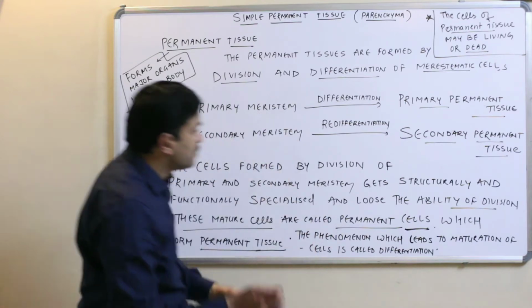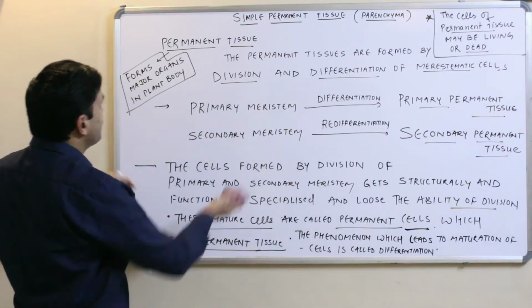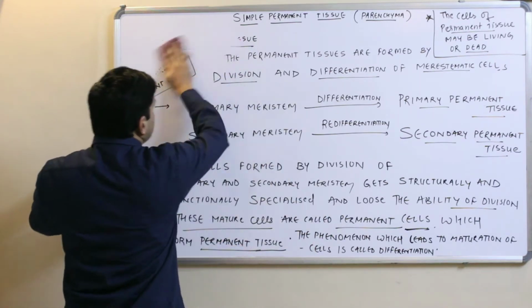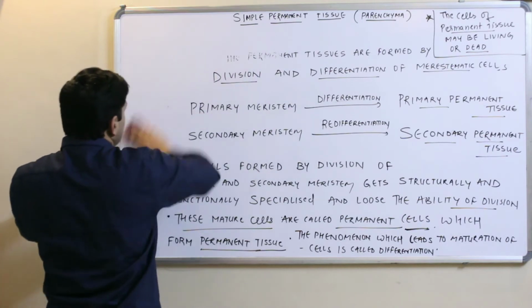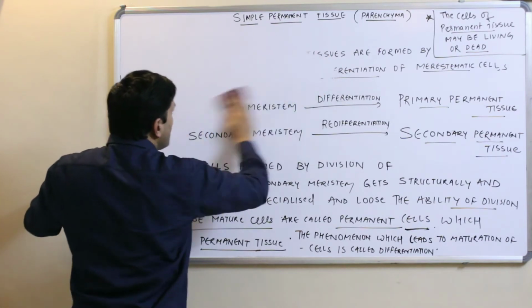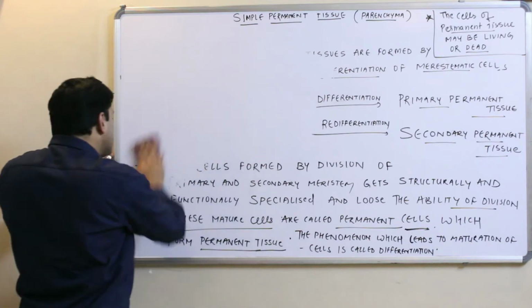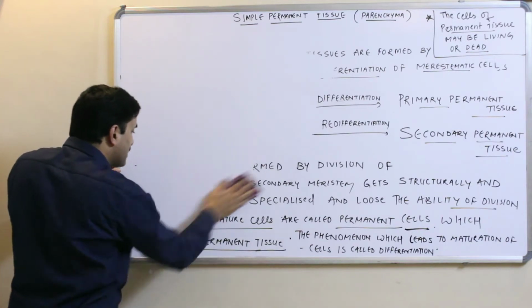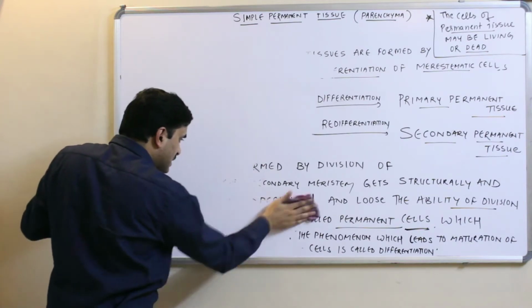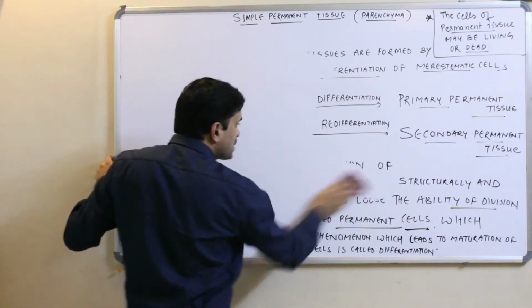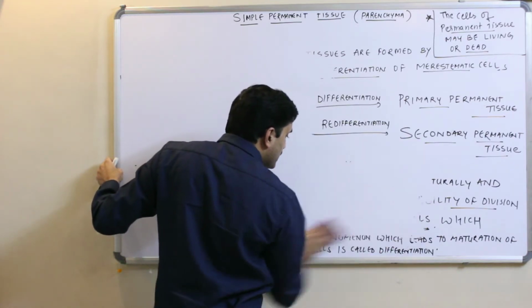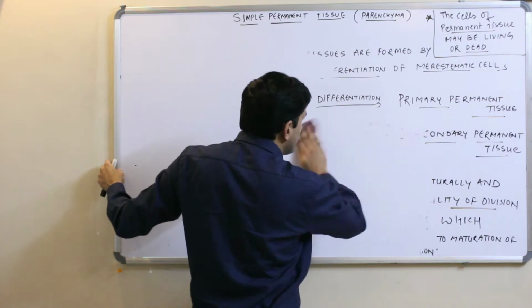Alright. So now let's talk about another point: whether the permanent tissue has permanently lost the power of division, or has temporarily lost the power of division.